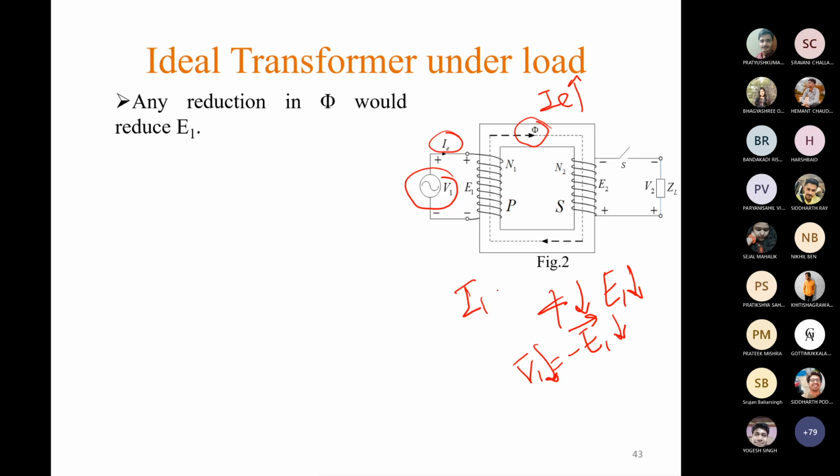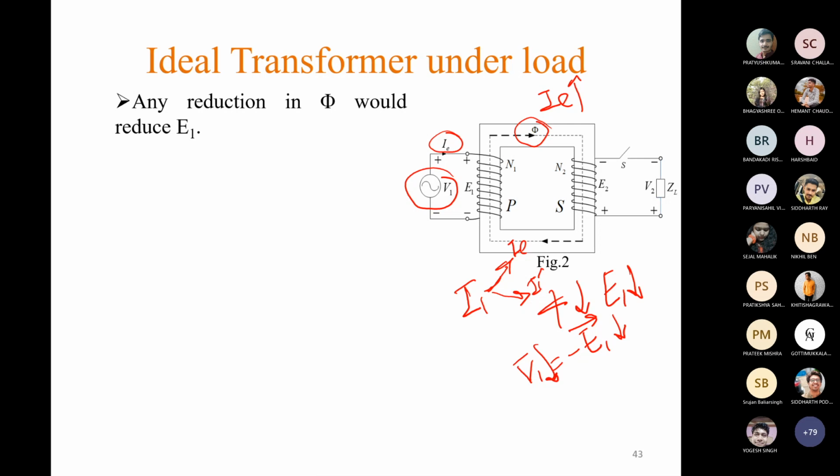One component is the exciting current IE, another component is the current which has to be opposite in direction to the load current, which is called the load component of primary current. We call it I1 dash. So now the primary current is not IE only, it is I1, which is having two components.